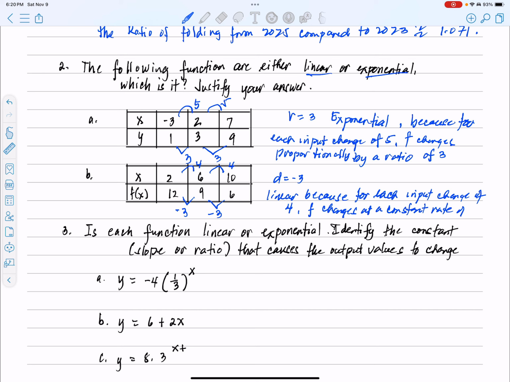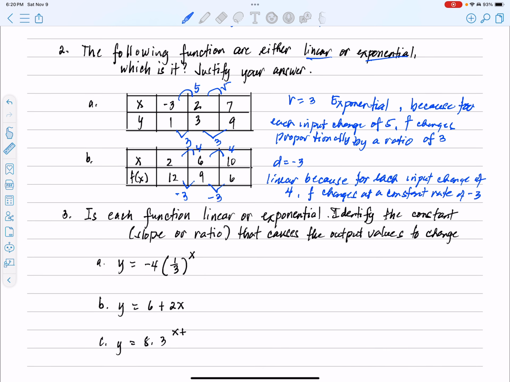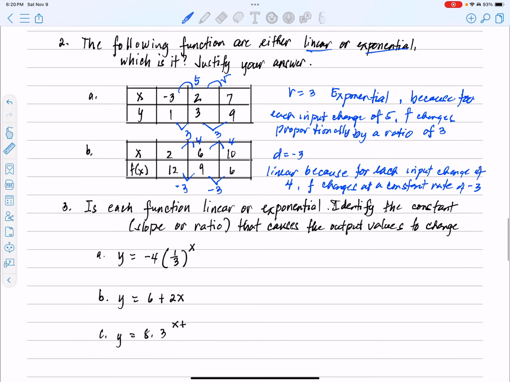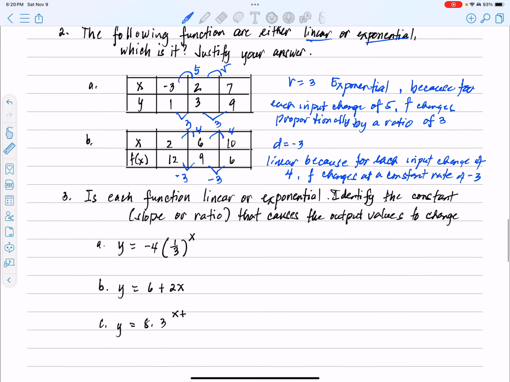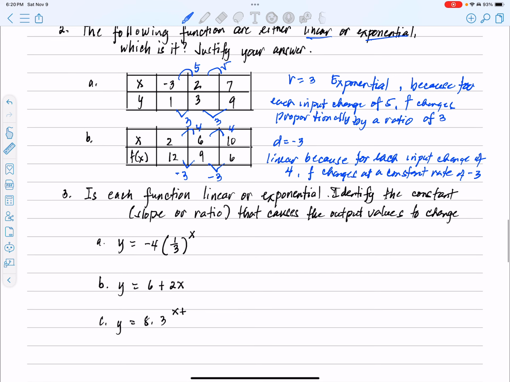That's the difference. That's it. You just write down the reason why you think it's linear and why you think it is exponential. And it's very clear when we look at the table, the changes from the x value to the y value, or the input value to the output value.